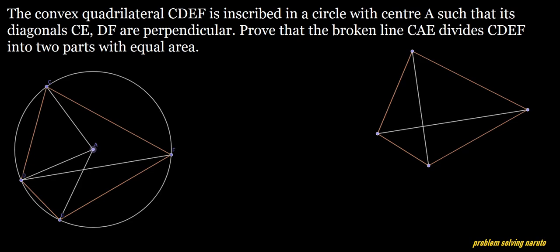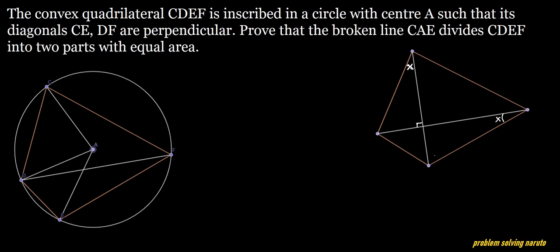So let me explain the hints which I just told you. Cyclic quadrilateral, and the diagonals are perpendicular. So first of all, we know that this is perpendicular, and we also know that these angles are equal. Let me call this x, and because this is a cyclic quadrilateral, this is also x, and then this you don't have to name.